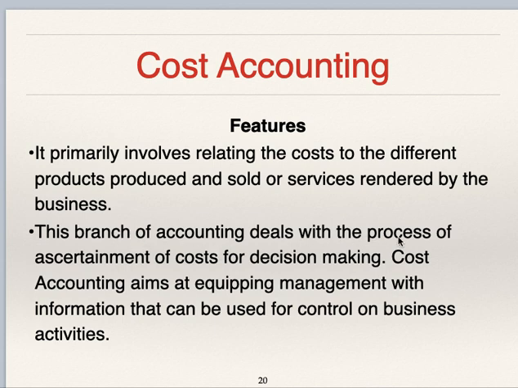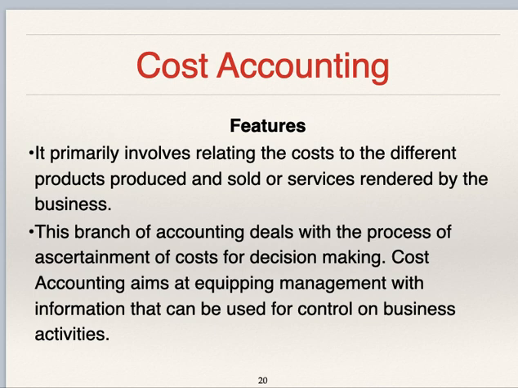This branch of accounting deals with the process of ascertainment of cost for decision making. Cost accounting aims at equipping management with information that can be used for control on business activities. So the main aim of cost accounting is to provide information to the managers for making various decisions.